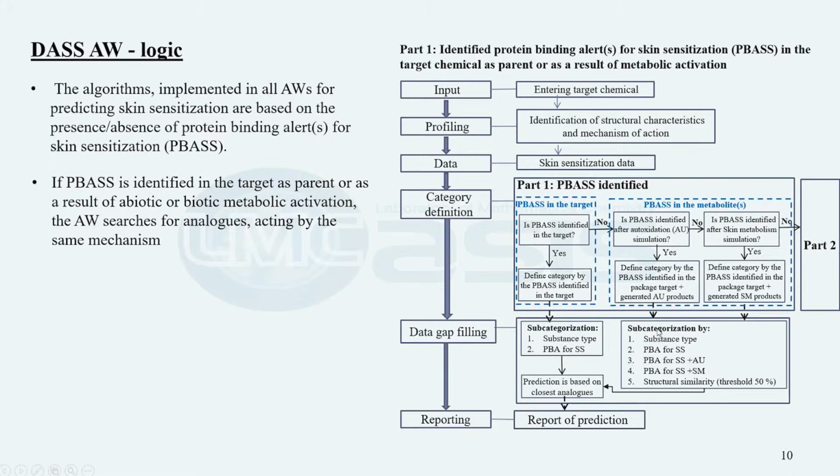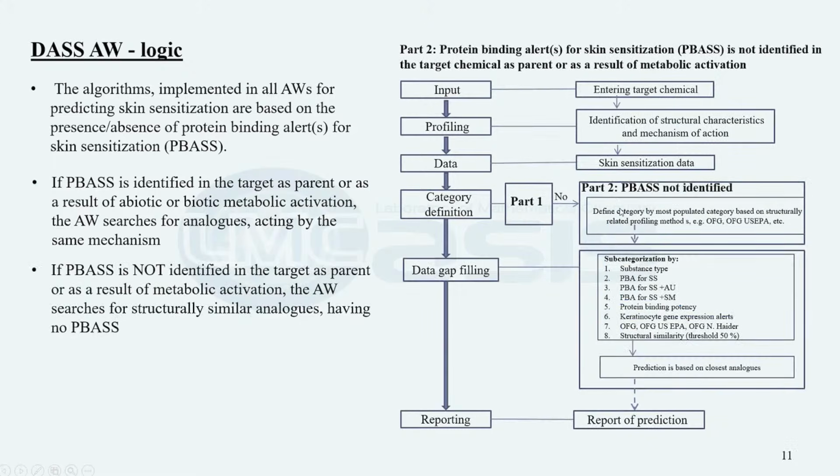After that, the analogs that are structurally dissimilar to our target chemical are removed. In case no known protein binding alert for skin sensitization is identified in our target chemical, the system searches for structurally similar analogs.